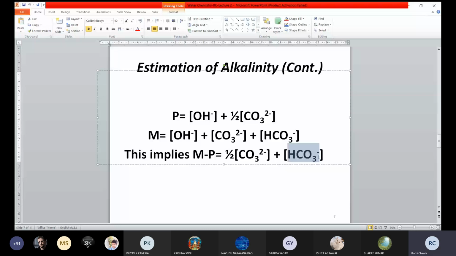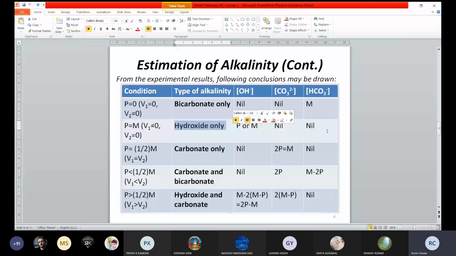M or P, yes. So this is the case of hydroxide only, where carbonate and bicarbonate will be nil, and hydroxide ion concentration can be given by M or P because both of them are equal. So this is the second extreme condition you can come across.